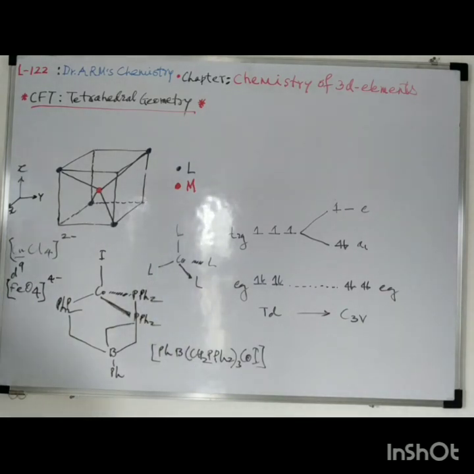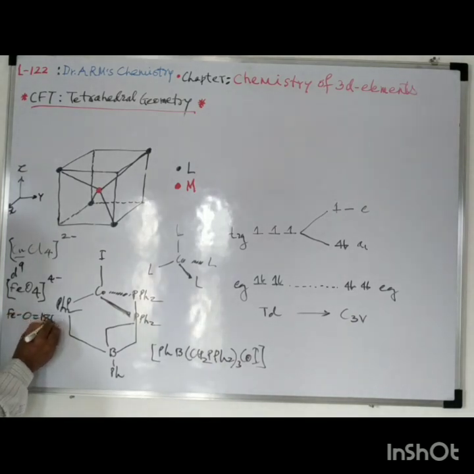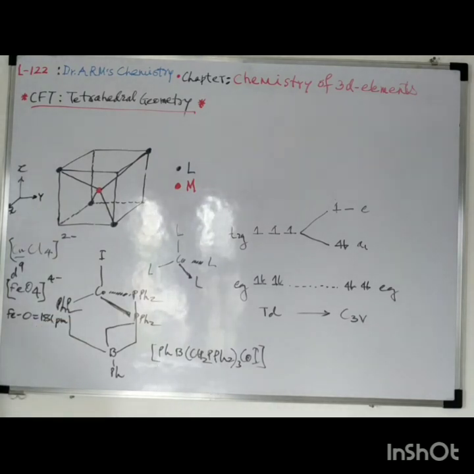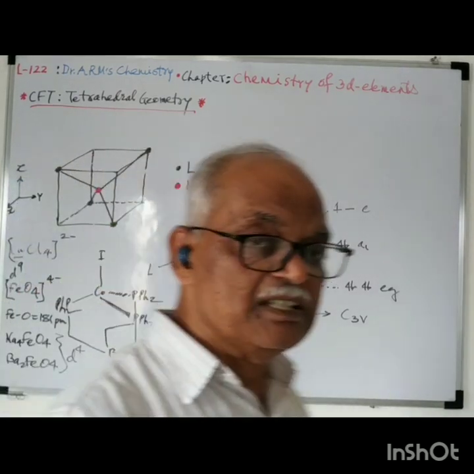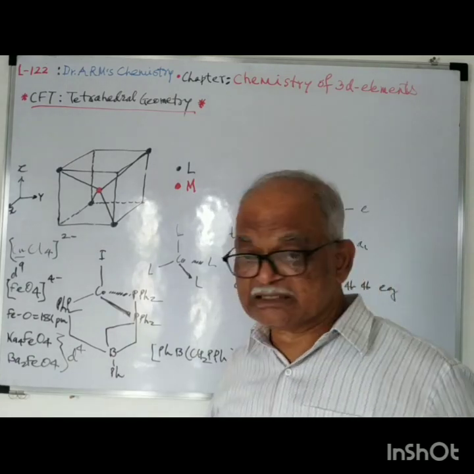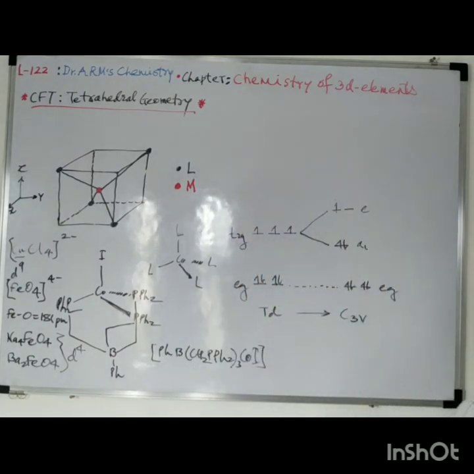In FeO4 we can have such a structure, where the Fe-O distance is 181 pm, and the examples are Na4FeO4 or Ba2FeO4. So these are examples of d4 configuration. High spin d4 configurations are shown in this case.